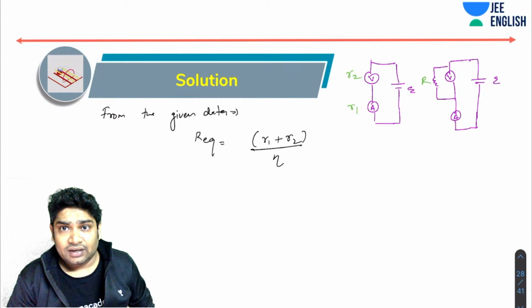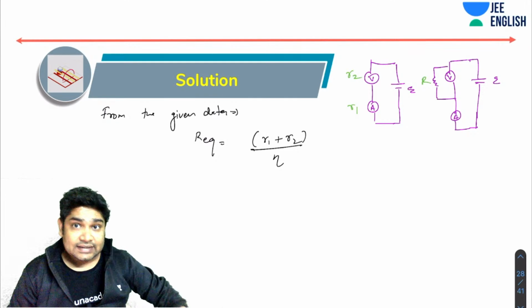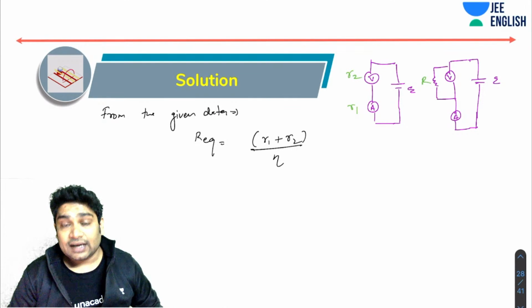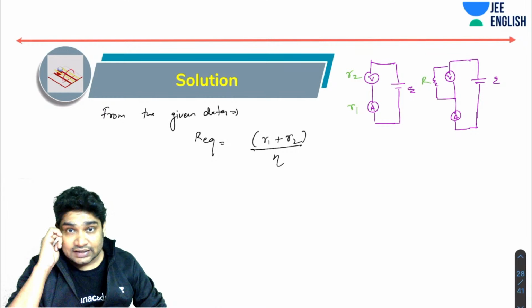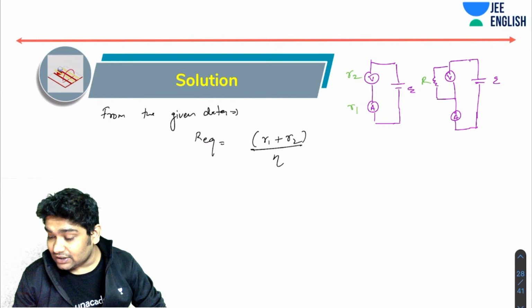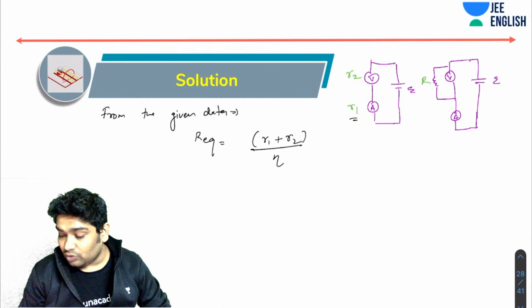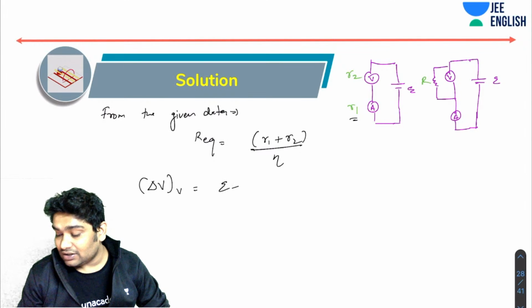So I can definitely say that. That is the first thing that I can say. Now the second thing that I can say is, since the current has become eta times, let's see what is the drop across this. So the drop across the voltmeter, delta V, would have been EMF minus R1 times eta times I naught.